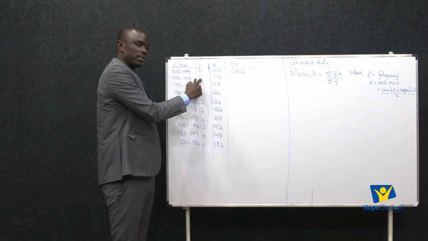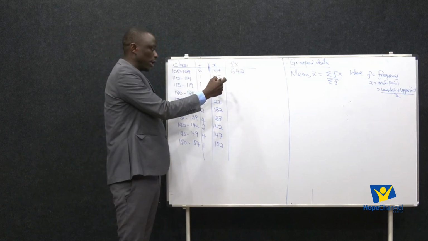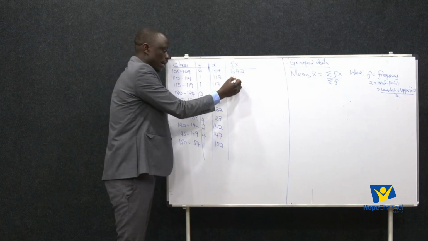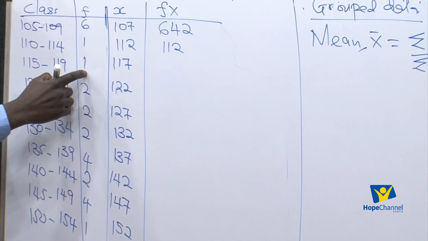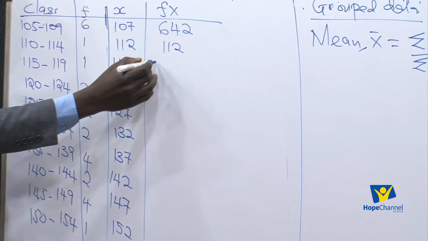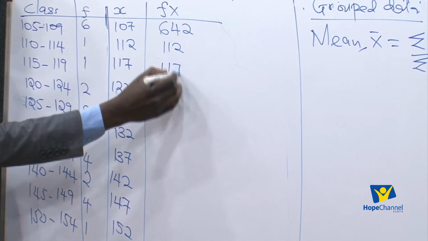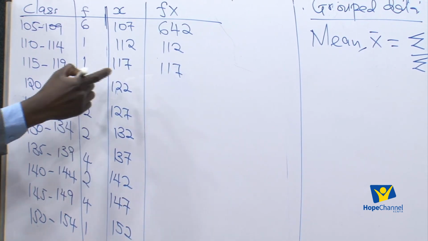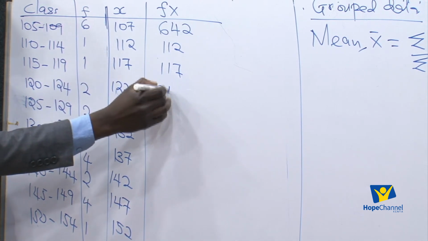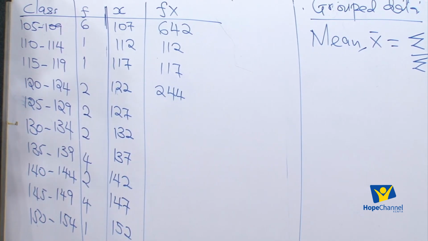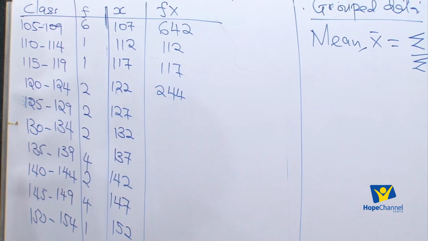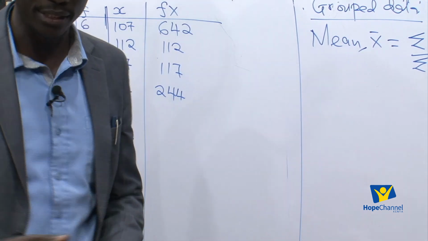This is 1 times 112, that is 112. 1 times 117, that is 117. 2 times 122, that is 244. So you do that, you complete the whole table.